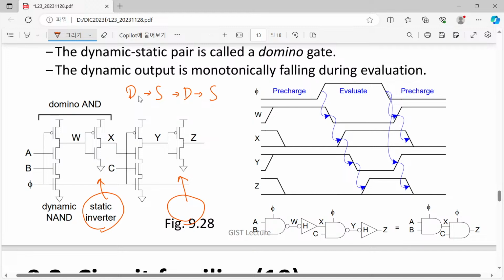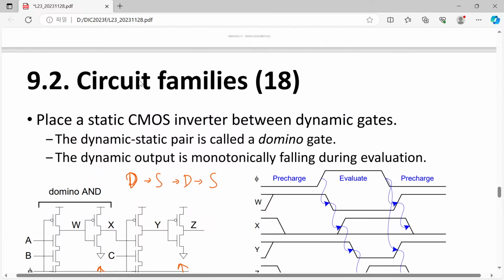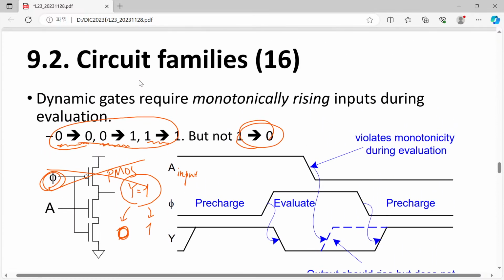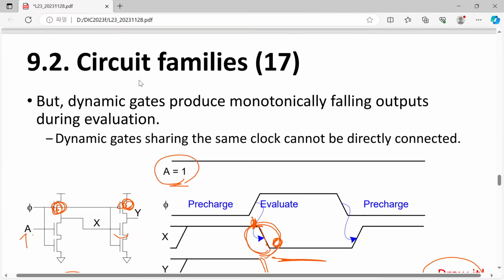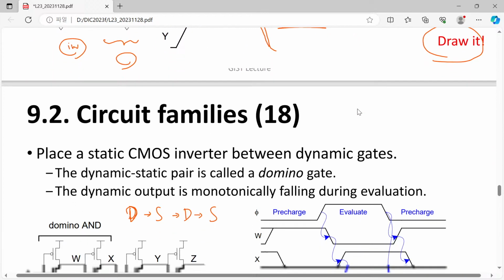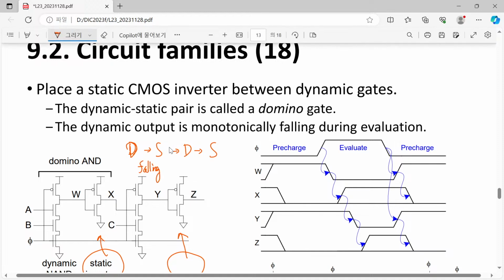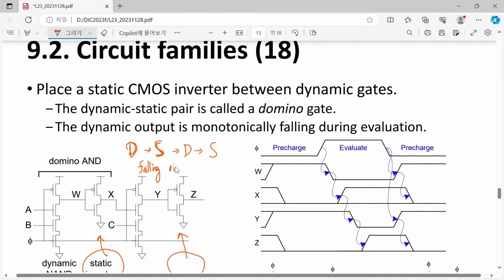Now think about this one. A dynamic logic gate always generates a monotonically falling output signal. However, this static inverter always converts it to a rising one.